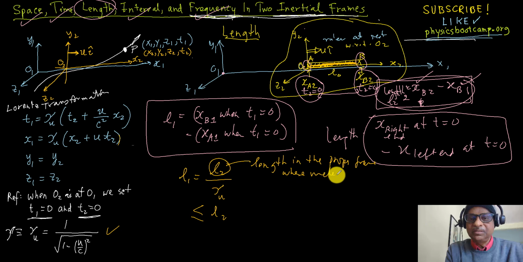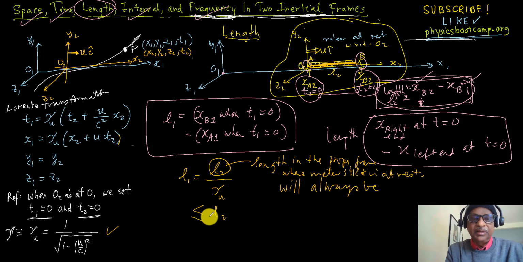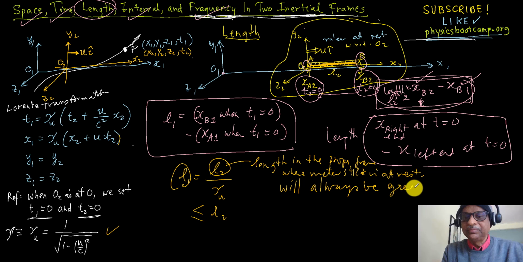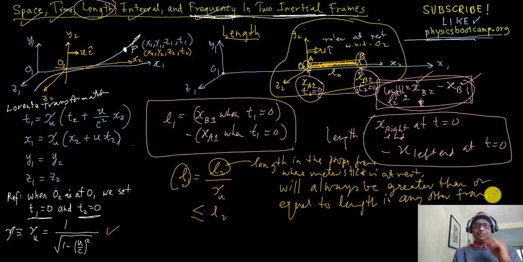The length where the meter stick is at rest will always be greater than or equal to the length of the same object in any other frame. So I want to show this.